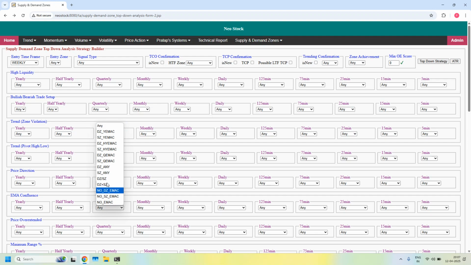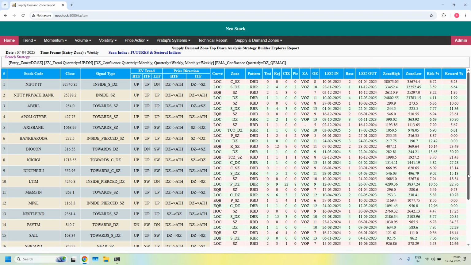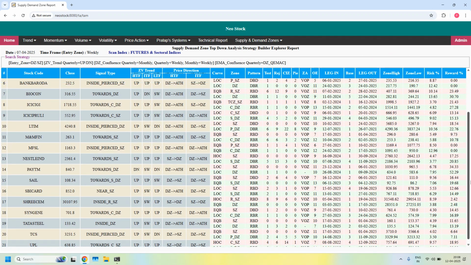That's why I'm checking if the quarterly demand zone is having quarterly EMA confluence. But as you know, EMA confluence is effective only in the trending market but not in sideways. So on quarterly time frame, for the trend I am not selecting sideways, I am selecting only up or down. With these filters, now the list has come down to 21 stocks.